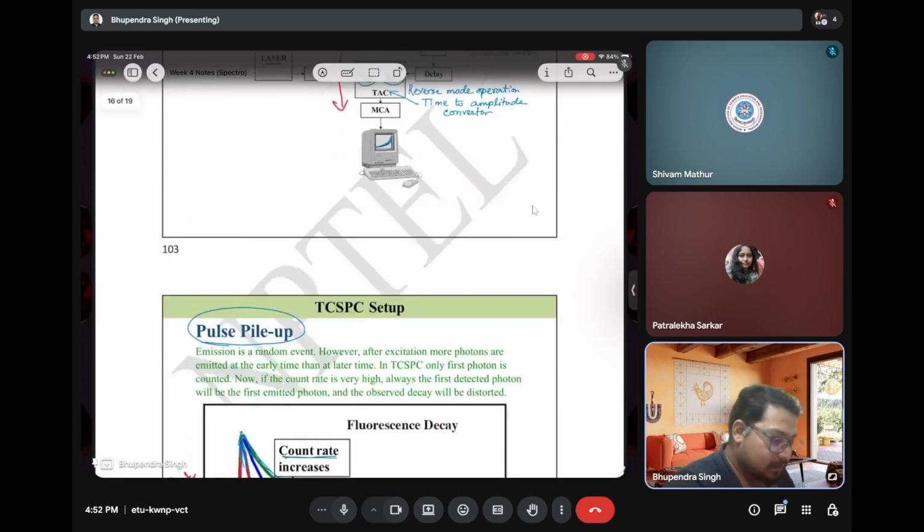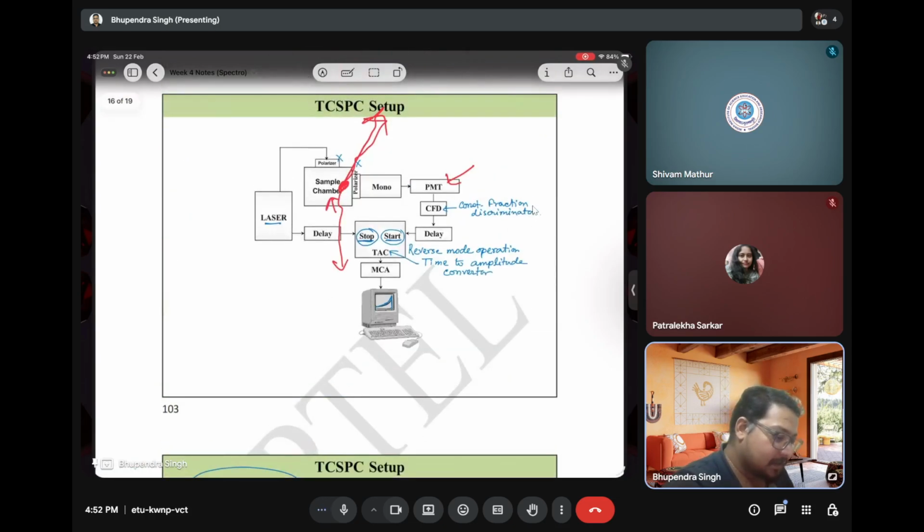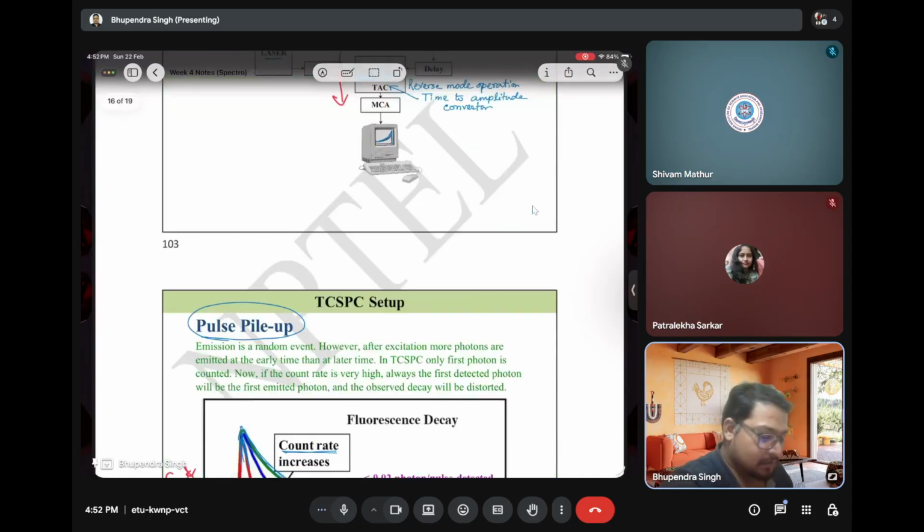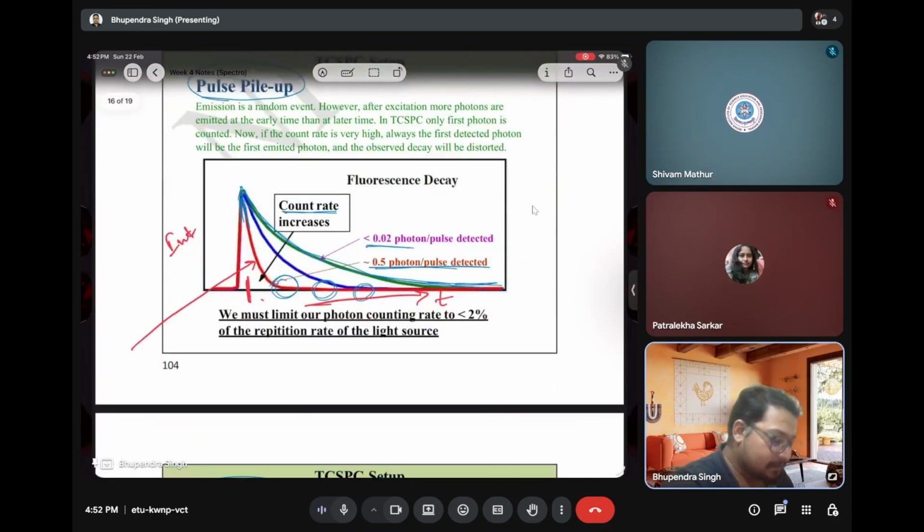because at the early time your PMT is detecting most of the photons. At the later time, let's say here or here, there is no photon left to be detected.